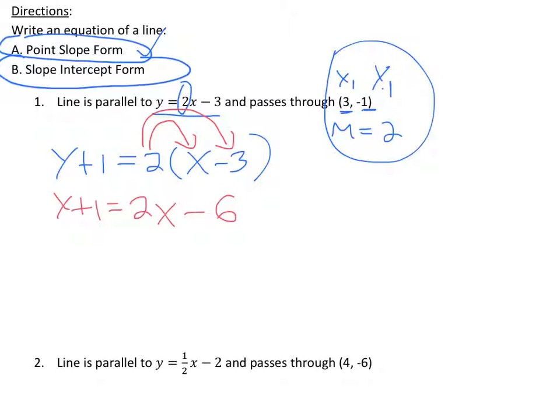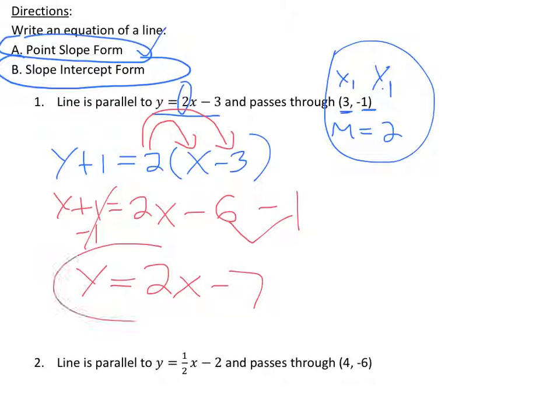And then for the y plus 1 on the left side, to get y by itself, you subtract 1 on both sides, so we have y equals 2x, and then negative 6 minus 1 is negative 7. And there's our answer for part B. And notice how you still have the same slope of 2. Alright, so really all the work's the same. The only thing you really have to identify is the slope of the line that's given, and you just keep the slope the same.